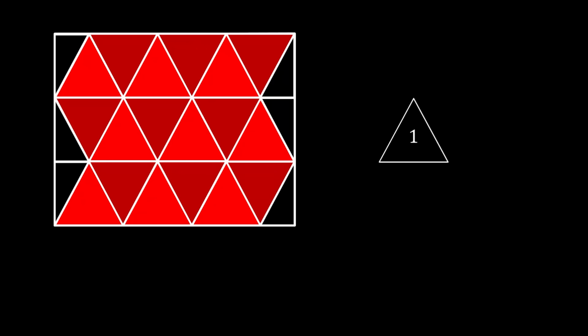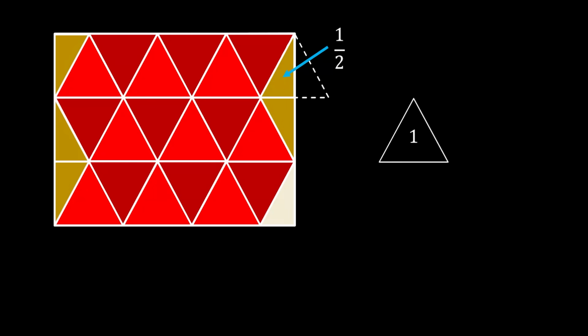You can also see that on the borders of our rectangle we have some right-angled triangles, and those triangles actually represent the half of those big equilateral triangles, so their area must be equal to 1/2. And as you can notice, we have 6 of those half triangles.